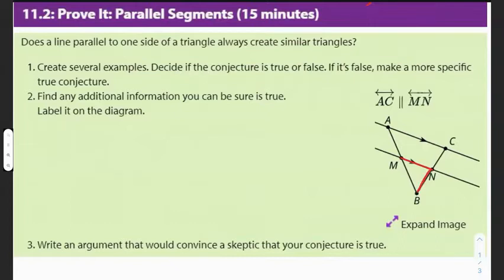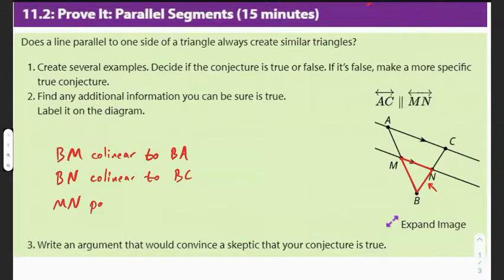Notice how their corresponding sides are either collinear, like BM is collinear to BA, and then notice that BN, this little side right here, is collinear to BC, and then notice that MN is parallel to AC.